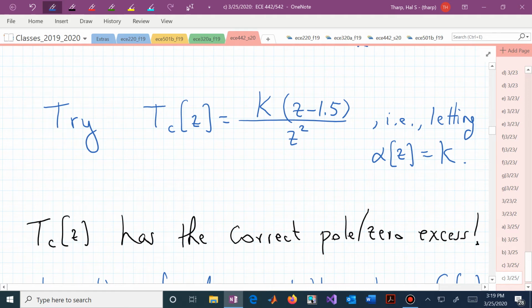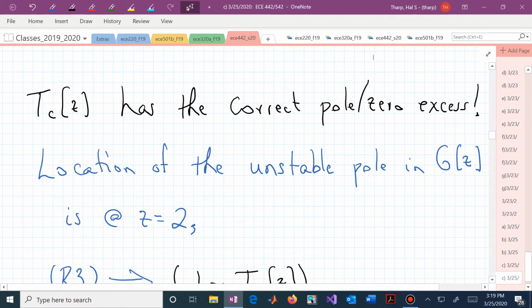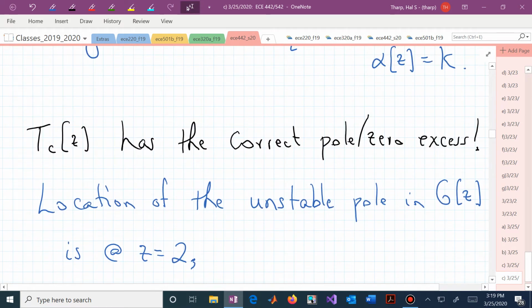If alpha of z was something bigger, say k times z minus 1/4, then we would have had to increase the order of our denominator to make it a cubic in order to preserve the correct pole zero excess of 1.